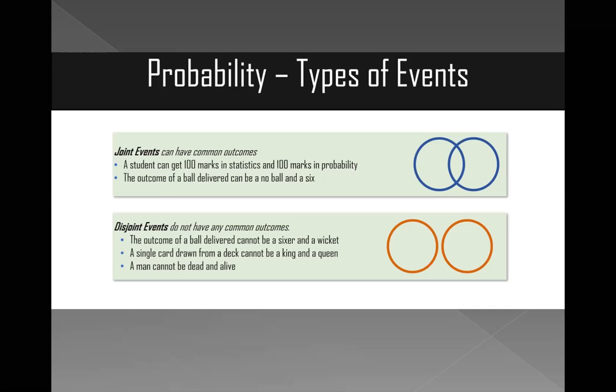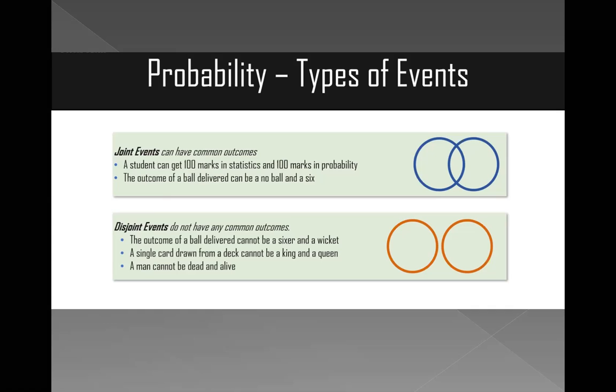There are two types of event: a joint event and a disjoint event. In a joint event, we have common outcomes. For example, a student can get 100 marks in statistics and also 100 marks in probability. That is a joint event, right?